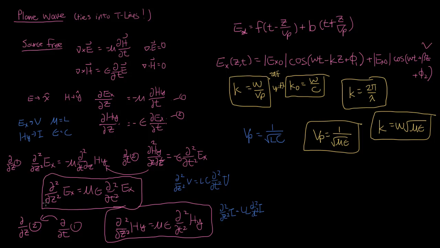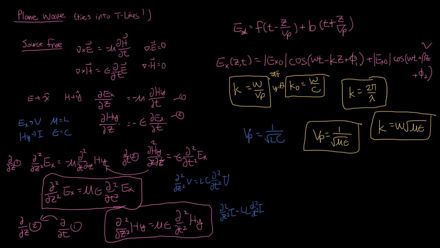So d squared by dz squared is going to be equal to some constant times d squared dt squared of that same thing. So that would be true for the E field and the H field. So we have the same form of the solution as the transmission lines, where it can be defined as either a forward propagating wave or a backward propagating wave, or a combination of the two. They would both solve the equation.